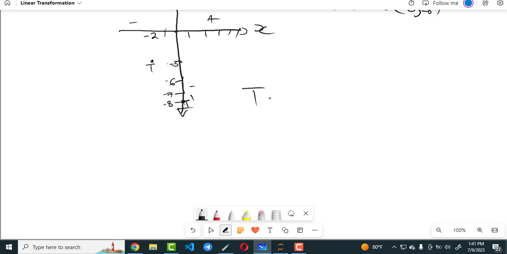Let's say a linear transformation in a three-dimensional vector, which is going to be mapped, let's say, into a two-dimensional vector.